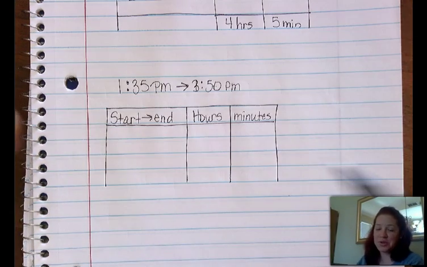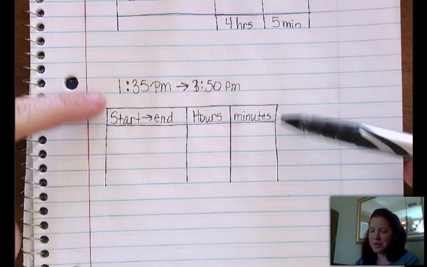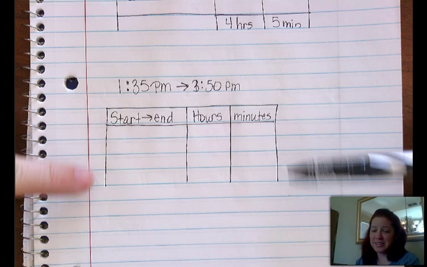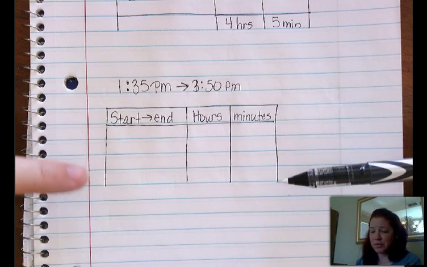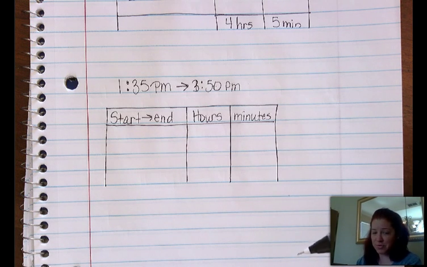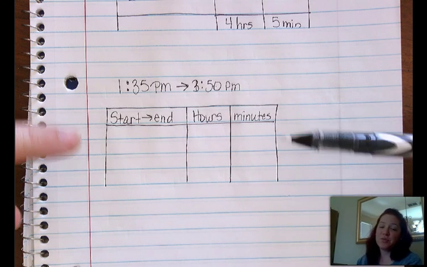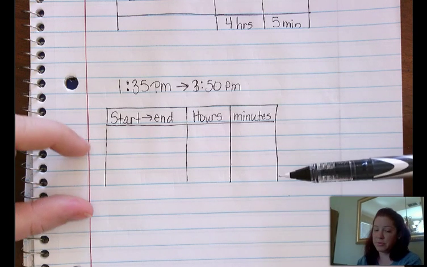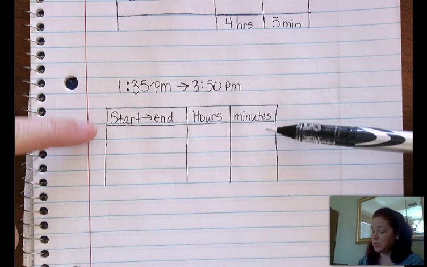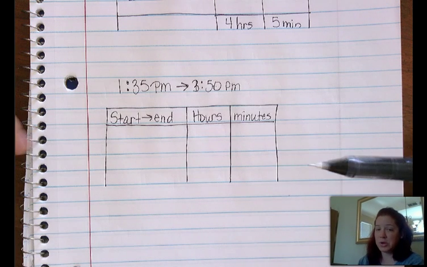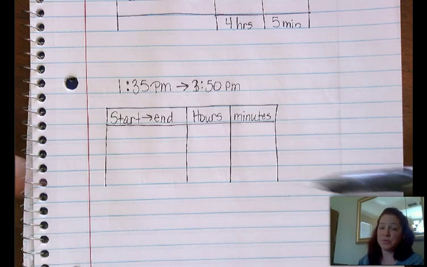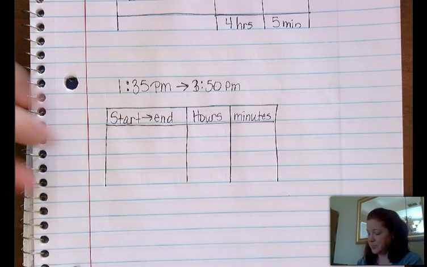And also, when you guys are given a pre-made table, they're not suggesting that you're going to need all of the rows. And if you need more, you're welcome to make more of the rows for yourself. So don't think that you are locked into the number of rows that I have made. You guys can use the increments that you want to use and make it suitable for your needs.